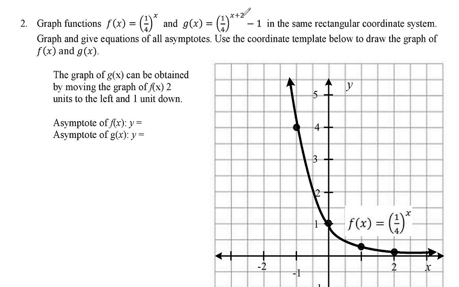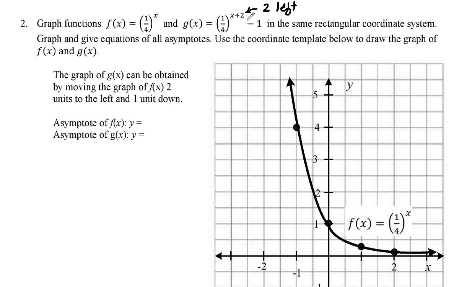Here we replaced x with x plus 2, so that's an inside replacement. When you do things on the inside, it has the opposite effect. They say the inside's a liar. So x plus 2 shifts the graph 2 units in the negative direction, so 2 units left.